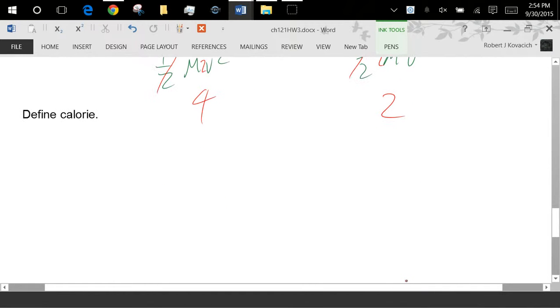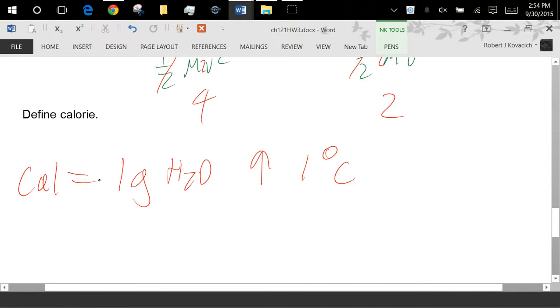How about this last one? It's the calories equal to raising 1 gram of water 1 degree C. What's the actual value then in calories? 1.